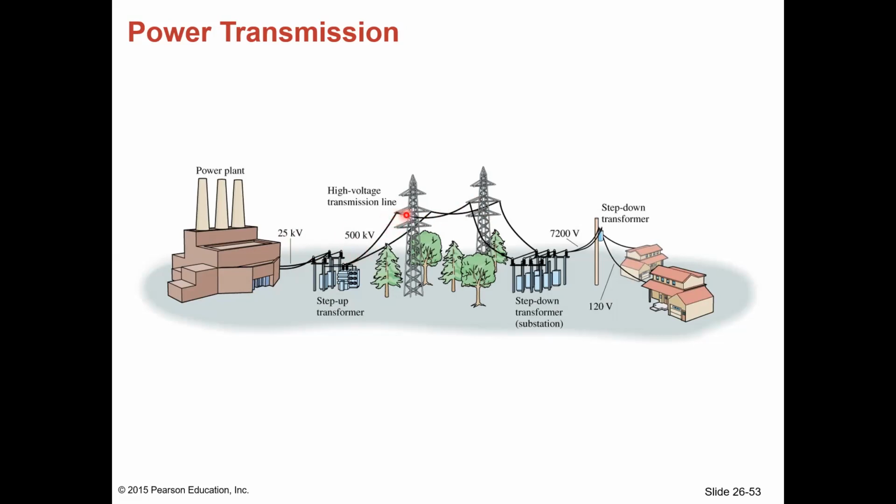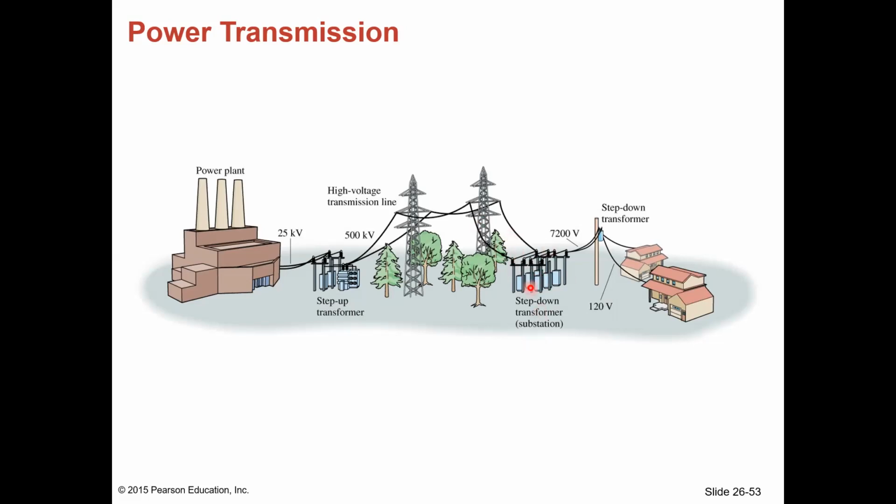So we send that current along those lines that you see on the freeways, when you're driving on a road trip or something, and you see these huge towers carrying these wires. This is the 500,000 volts. And now it goes to a neighborhood, to a substation here, and we've got to bring that down.